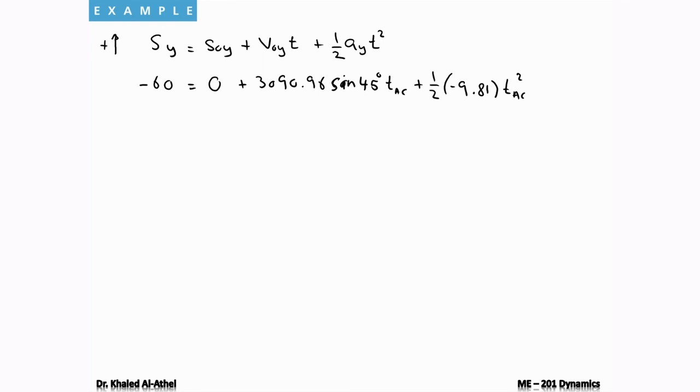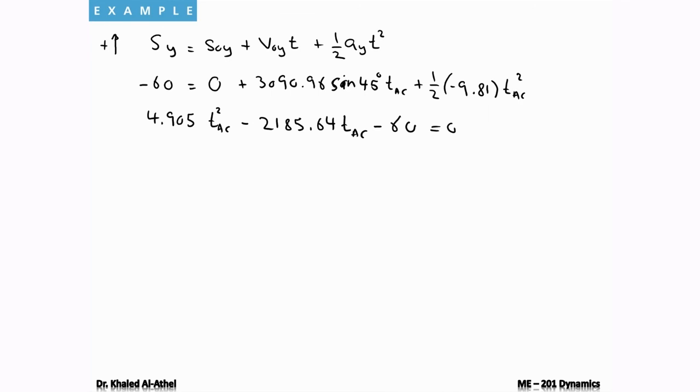If you organize this equation, it's going to give you 4.905 TAC squared minus 2185.64 TAC minus 60 equals 0.